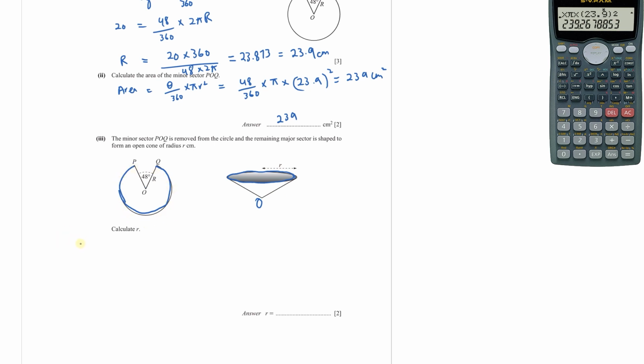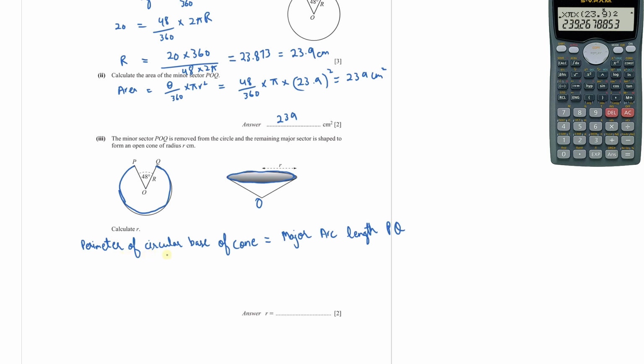So, oh sorry, not the area, the perimeter of the circular base of the cone equals the major arc length PQ.